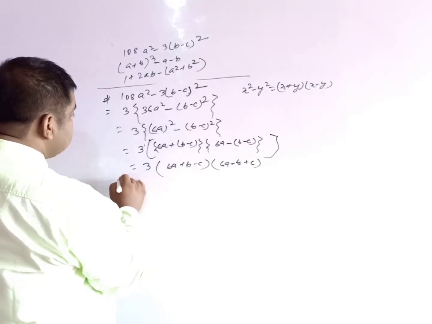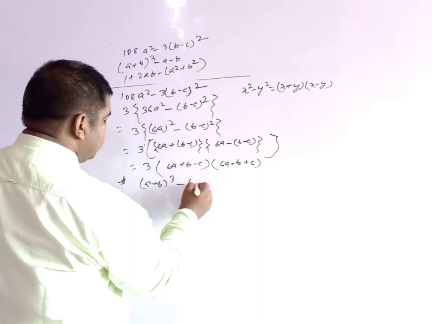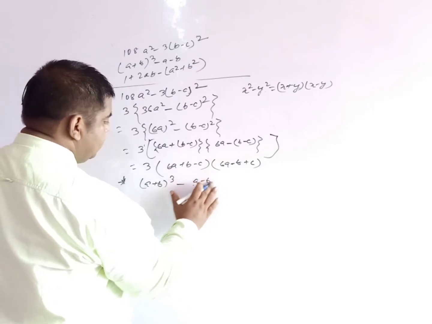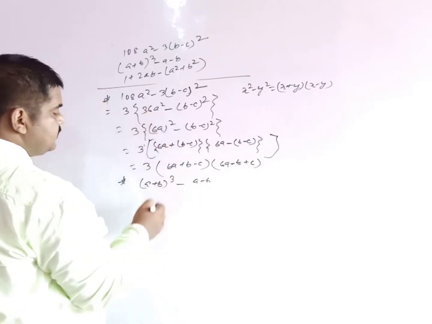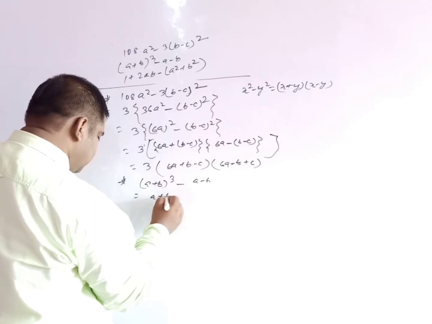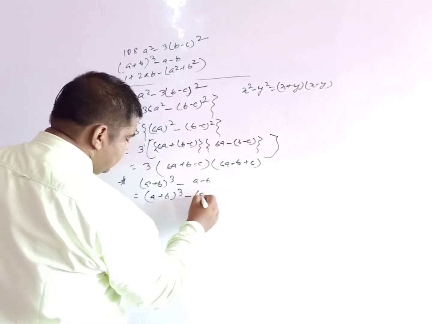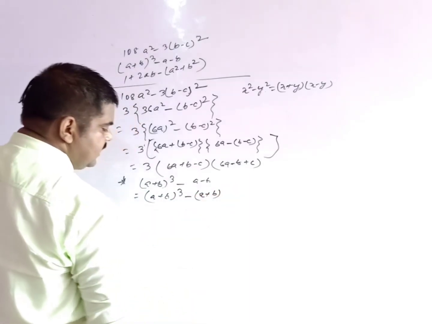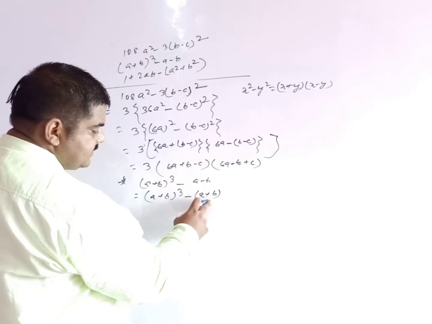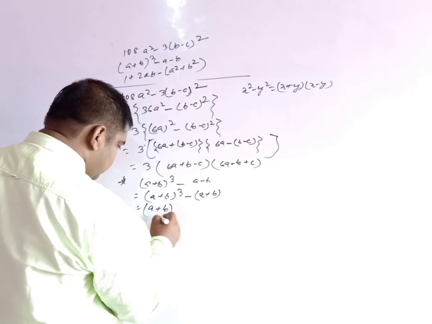The second question, you can just see that a plus b whole cube minus a minus b, a and minus b. That is the question. And you can just see that a plus b whole cube, and when you take minus, then what will be the result? A plus b, and now this is 3 times and this is 1 time, so you may take a plus b as common.